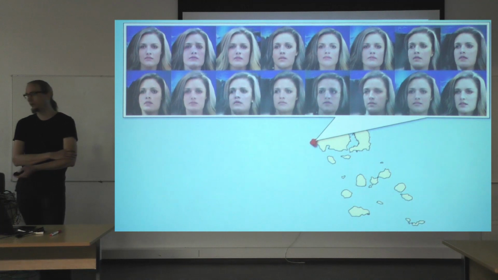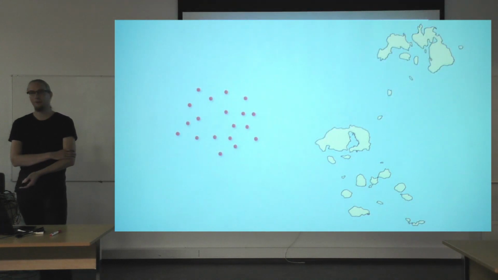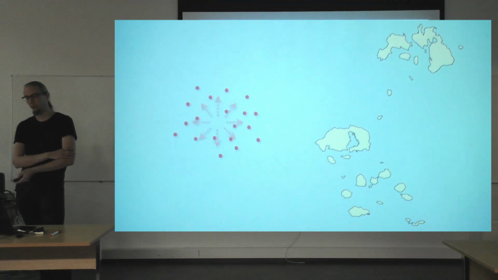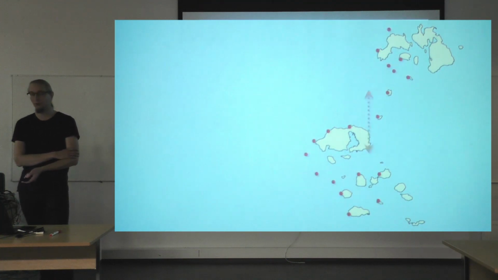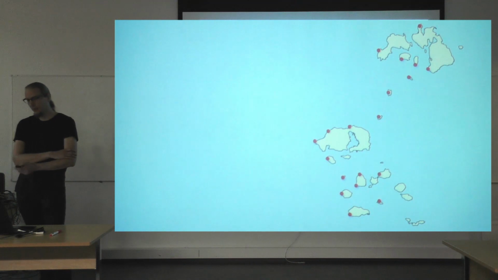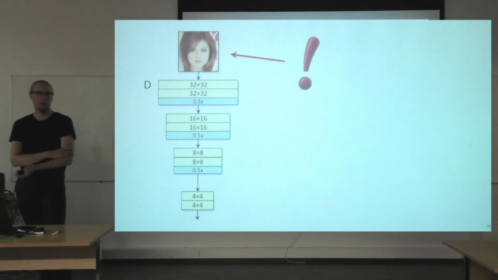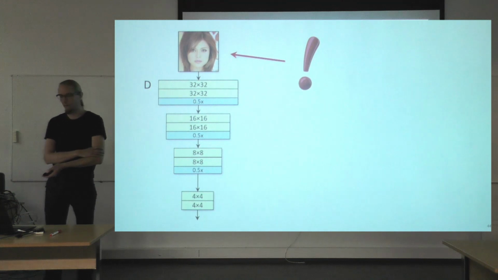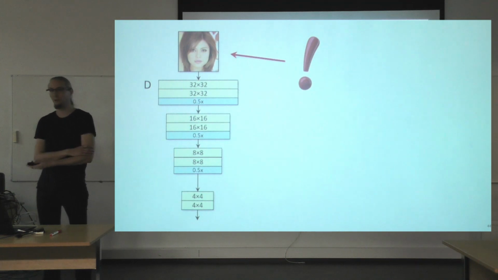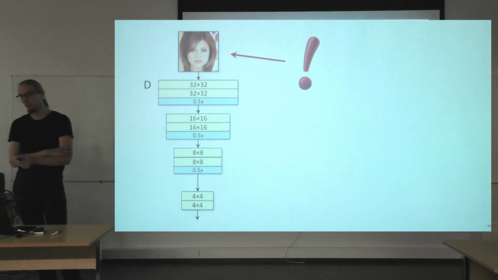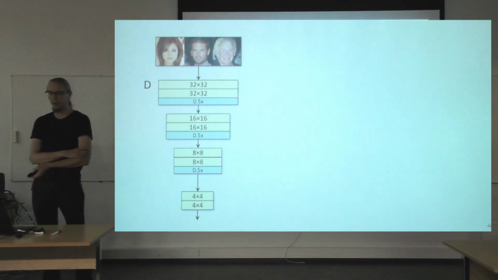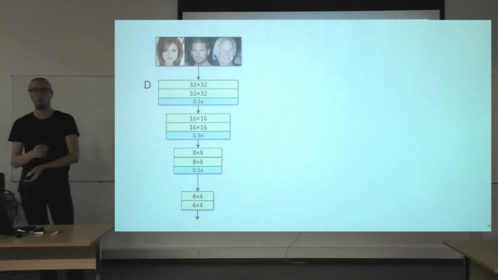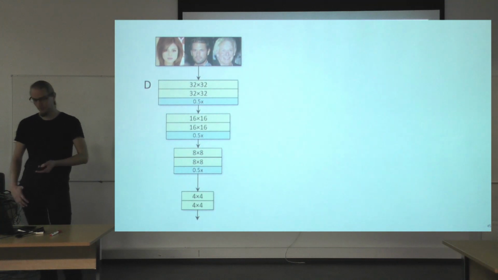In order to avoid that, we have to have some mechanism to force the samples apart and keep them apart throughout the training. If we look at the discriminator, it's pretty obvious that our chances of being able to do this are quite low if we are looking at just individual images. So instead, we'll want to be looking at multiple images at once.